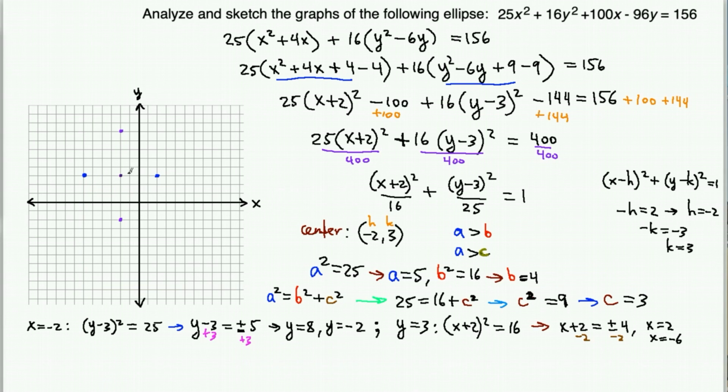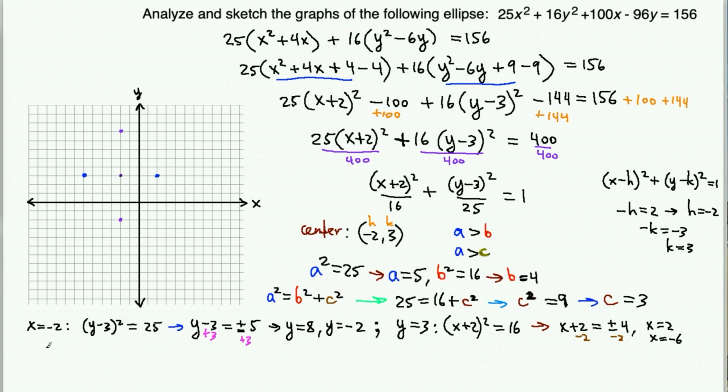So in this case, the letter responsible for Foci is going to be the C. The C is the smallest value here in this case. So the C value is going to be responsible for the Foci that we defined. And this will be the Y value that you add or subtract from the Y value of the center, right? The Y value of the center is 3.